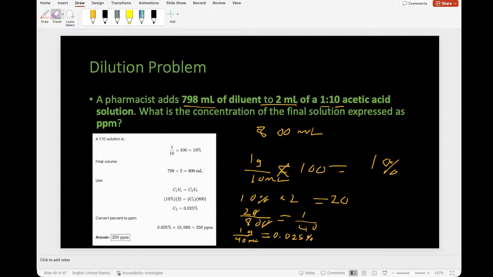So this is 0.025% multiplied by 10,000. Where's the 10,000 coming from? We'll have to see. We'll have to come back to this problem, but if anybody has a way of figuring out where the 10,000 is coming from, that'd be great if you guys want to share that here for this slide.